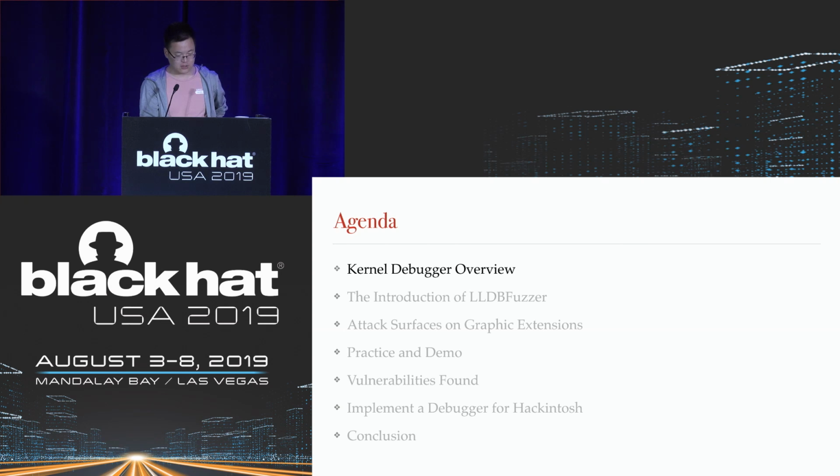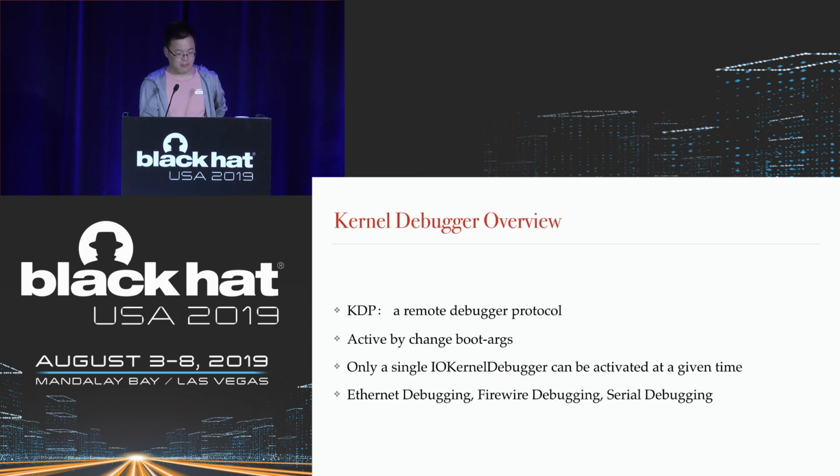First, we will introduce the overview of the kernel debugger. We can use the KDP protocol to debug a remote device. This can be activated by modifying the boot args using NVRAM. And only a single debug mode can be activated at a given time. macOS has implemented different kinds of debugging with the kernel, including Ethernet debugging, FireWire debugging, and serial debugging.